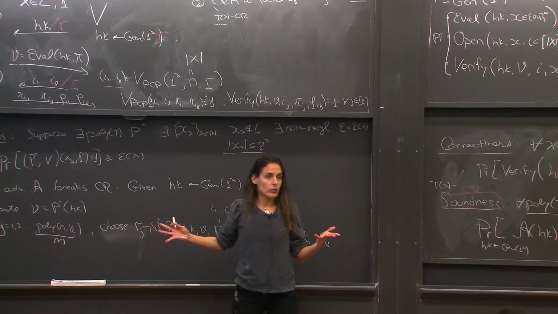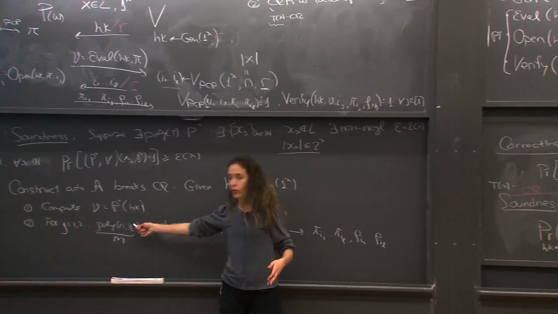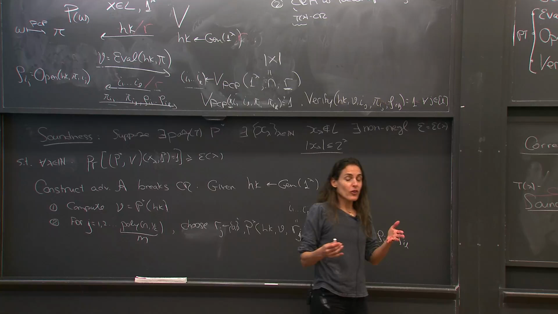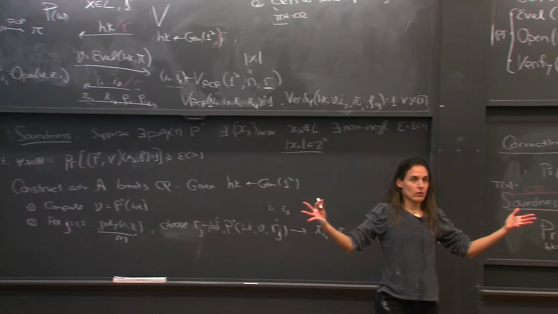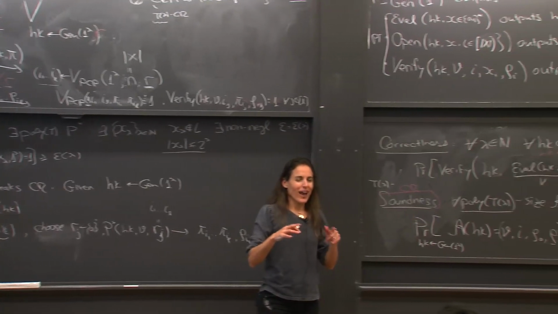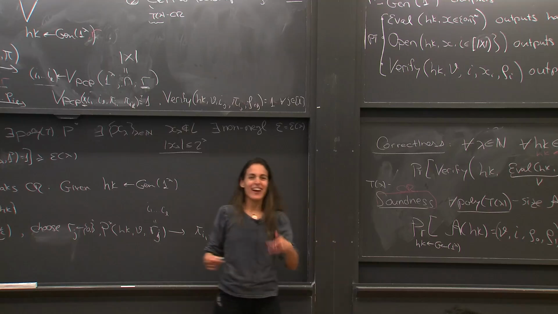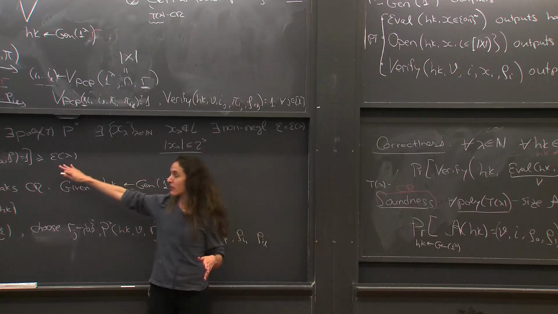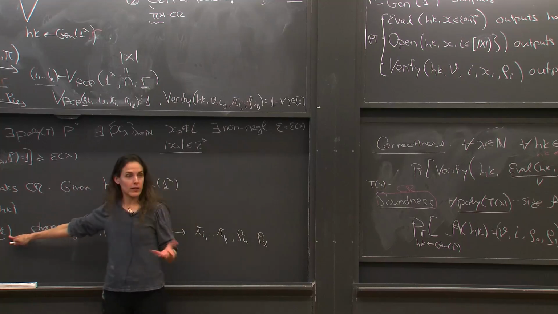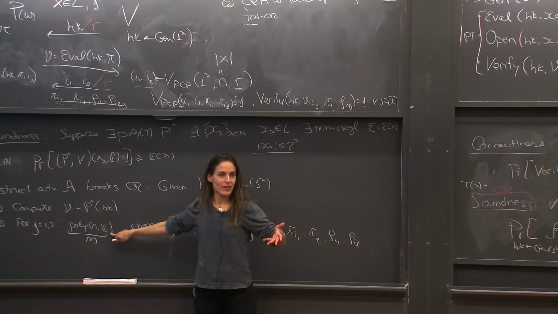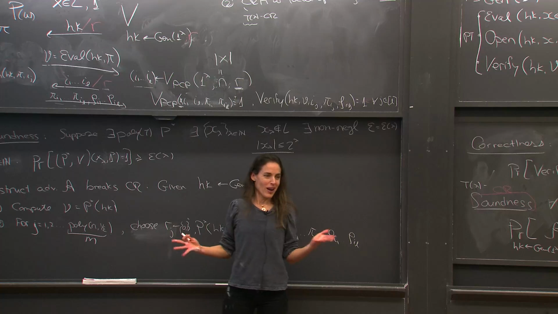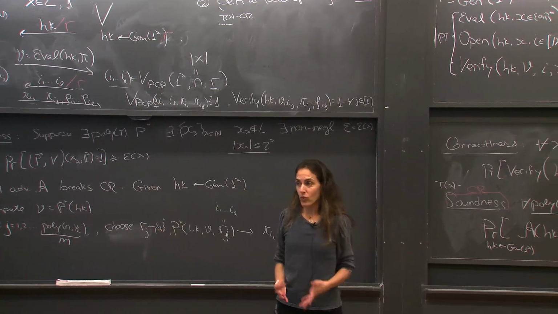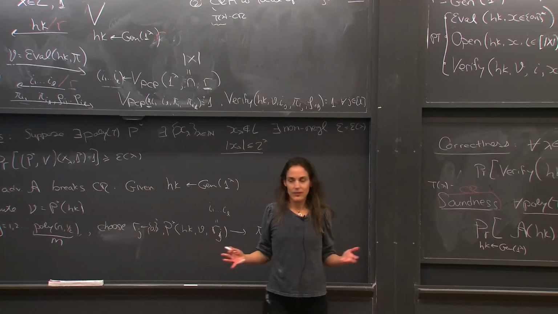So I throw out 1 minus epsilon, and I'm left with epsilon. But epsilon is good enough because I chose more than poly 1 over epsilon. That's why I have 1 over epsilon here. So I still have a lot left.